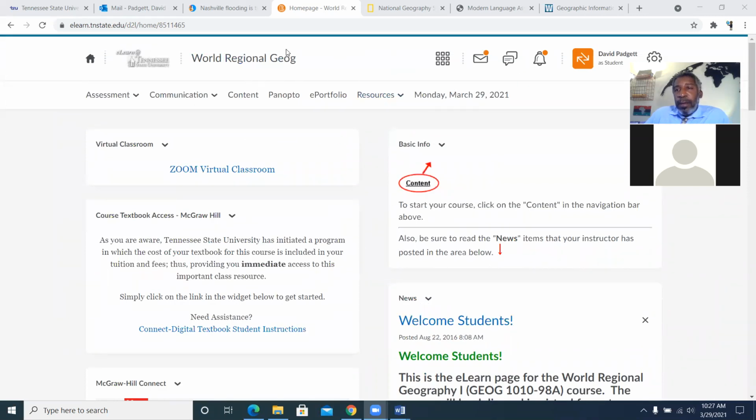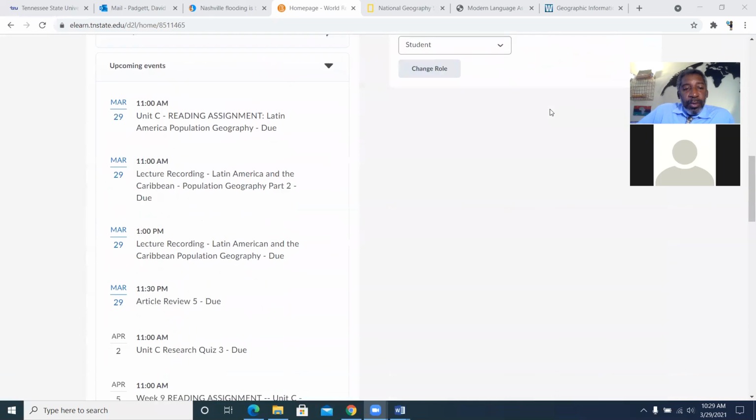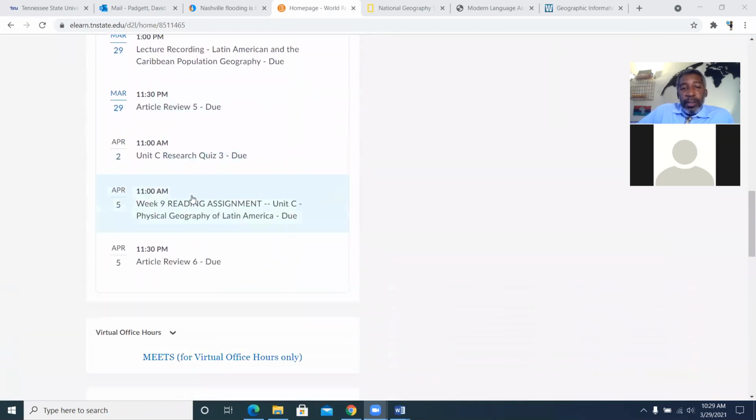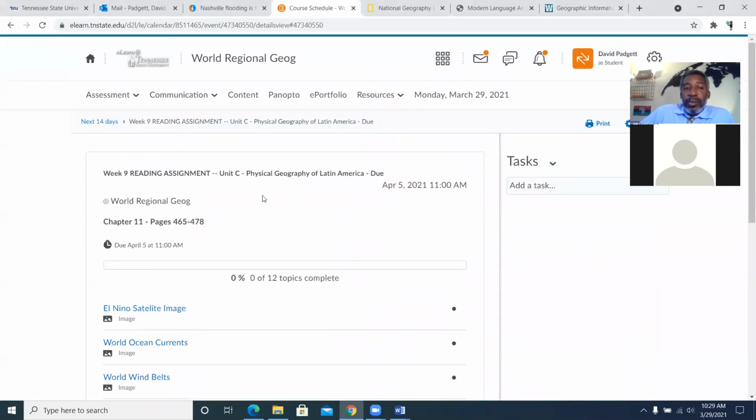So for the remainder of this class period, we're going to look at the physical geography of Latin America, which is described in your reading assignment, which is here. If you notice, we are going to chapter 11, pages 465 to 478.